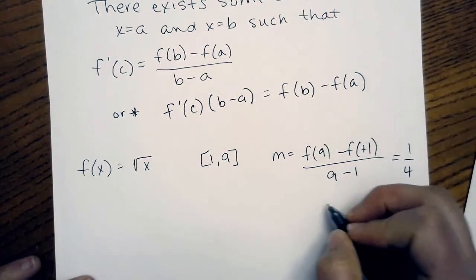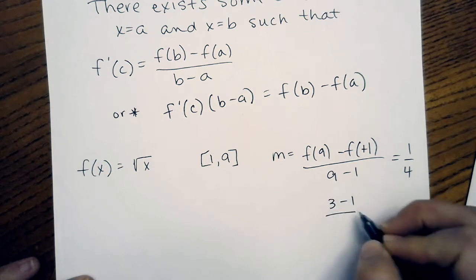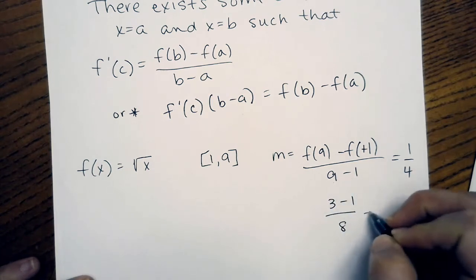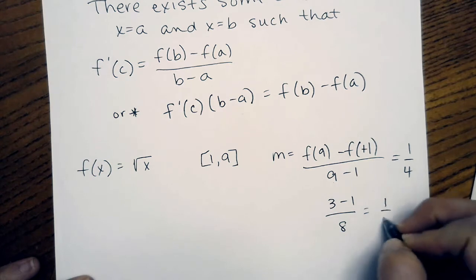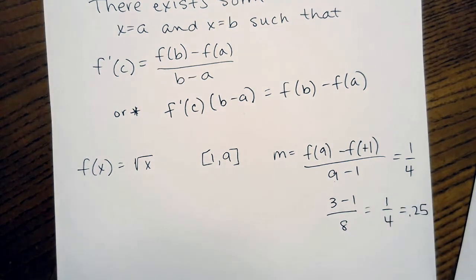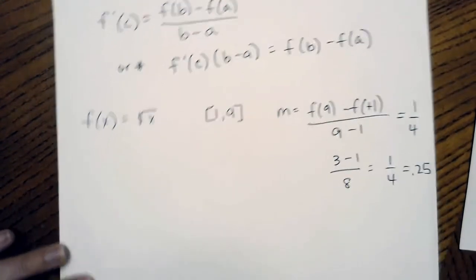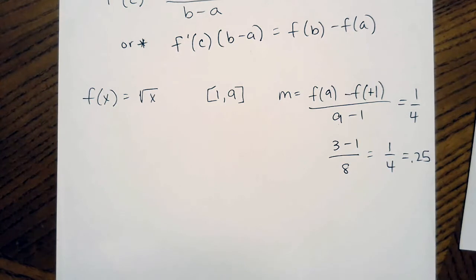So just to do the quick calculation here, f of 9 would be 3 minus 1 over 8, which gives me 2 over 8, which is 1/4, which is also 0.25, but you know how I like my fractions instead.